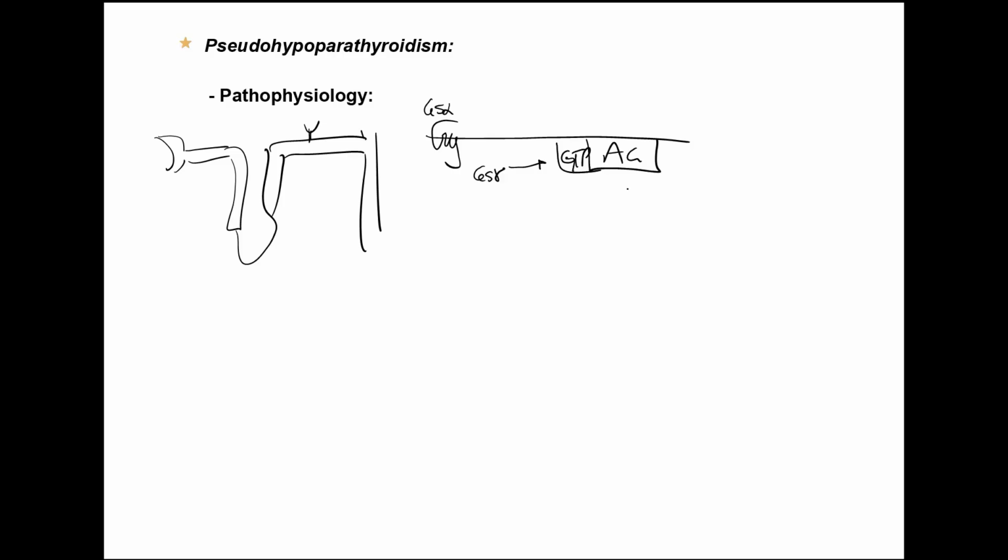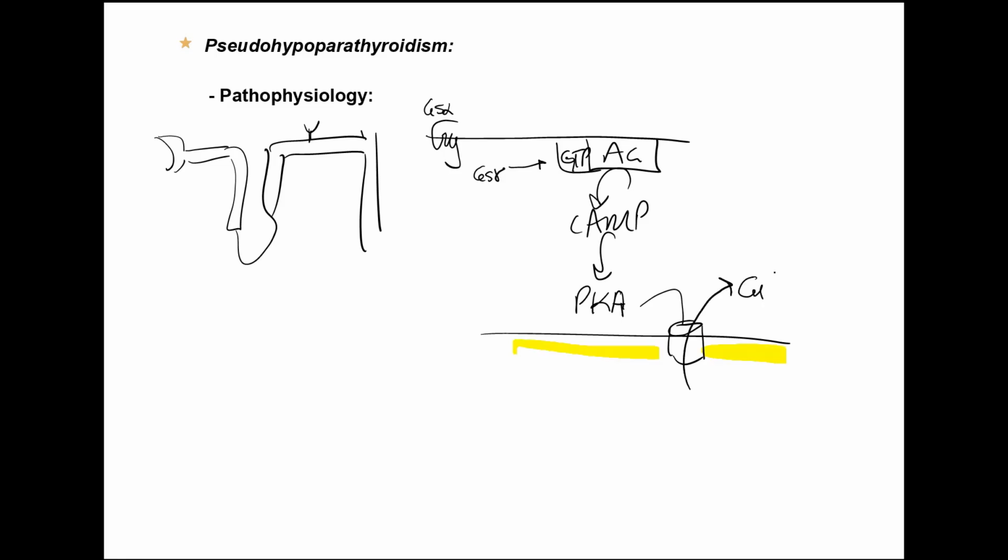This then produces cyclic AMP, which activates PKA. PKA upregulates the calcium channel in the luminal side. This calcium is then returned into the blood, both through a sodium-calcium exchanger and through a minor calcium ATPase.